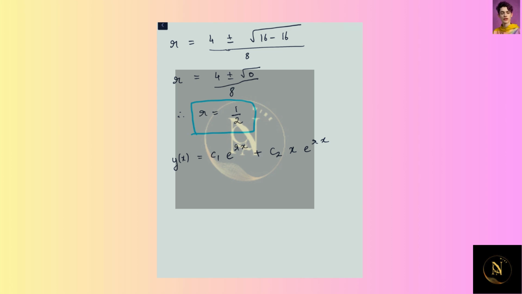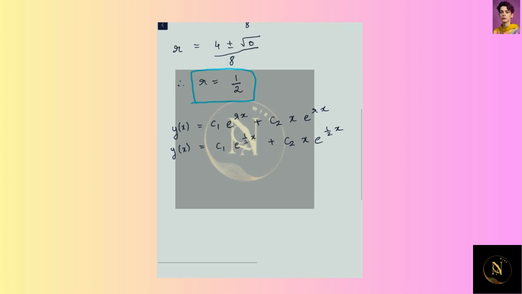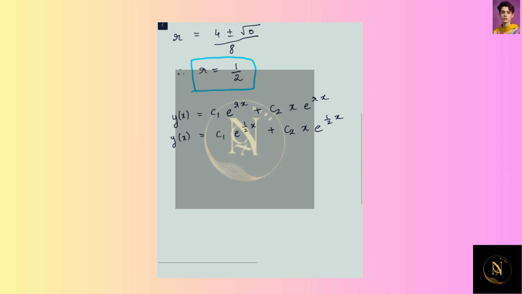Let's plug in the value of r into this equation, and we get y(x) = c1 e^(x/2) + c2 x e^(x/2). So we need to figure out what c1 and c2 are.